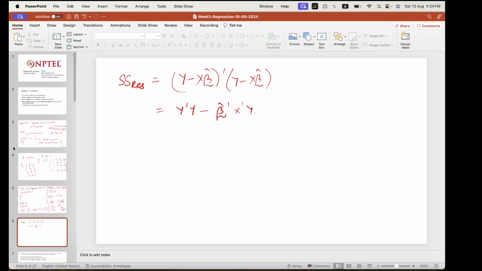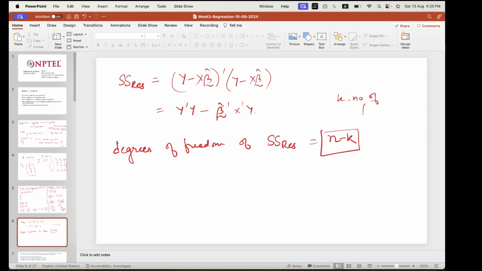And we also see that degrees of freedom of SS residual is equal to n minus k. Here we have to be mindful, k is the number of unknown parameters and not predictors.